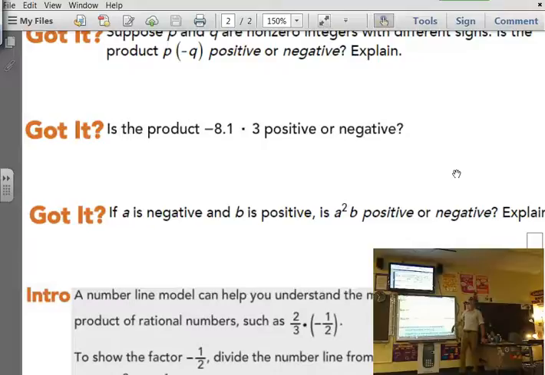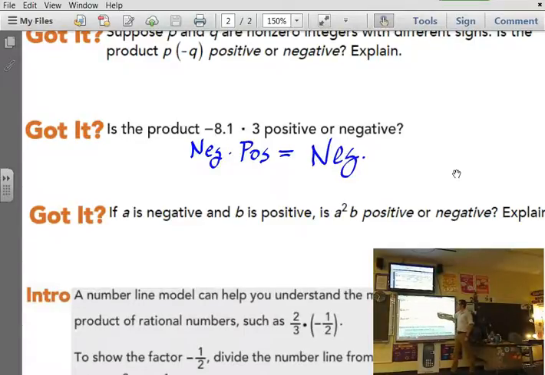So, here, how many negatives do I have in negative 8.1 times 3? Joe, how many negatives do you see up here? 1, right? This is negative. So I have negative times a positive. So is that going to equal a negative or a positive amount? Negative, because I only have 1 negative.